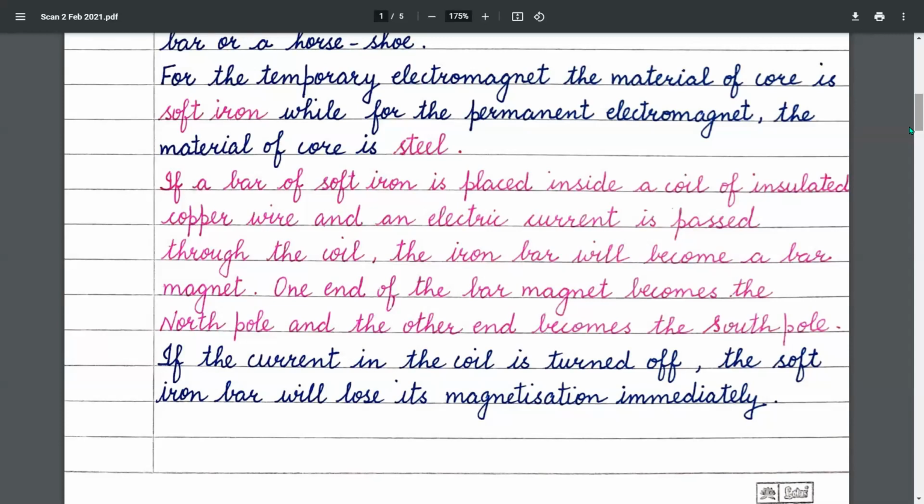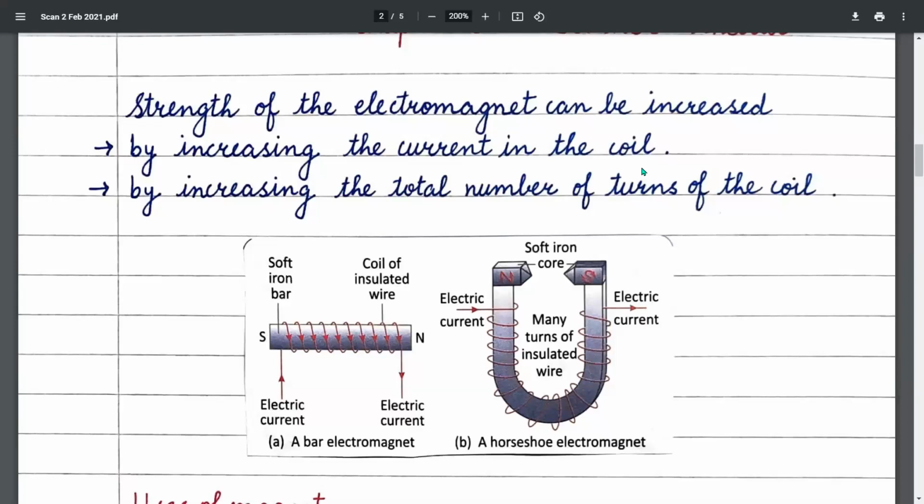If the current in the coil is turned off, the soft iron bar will lose its magnetization immediately. Strength of the electromagnet can be increased, number one, by increasing the current in the coil. Number two, by increasing the total number of turns of the coil.